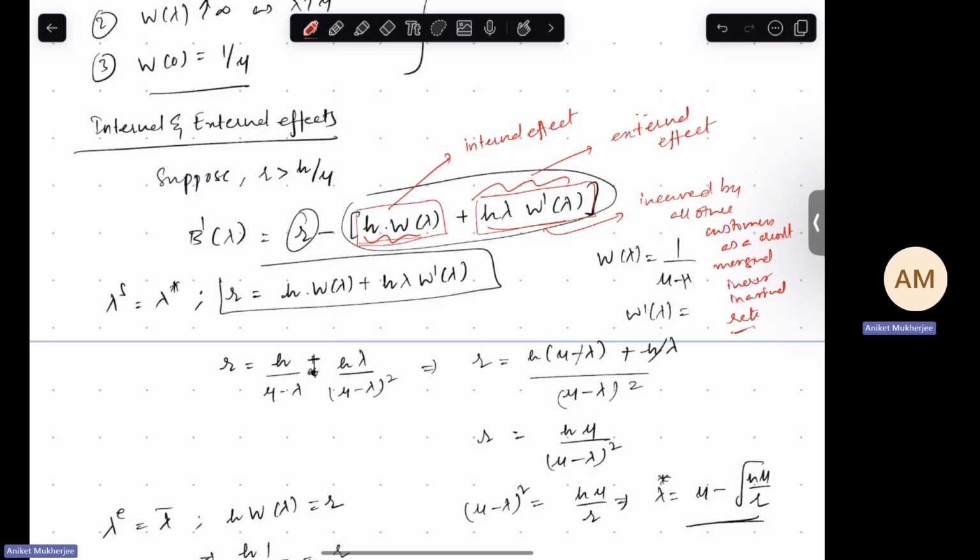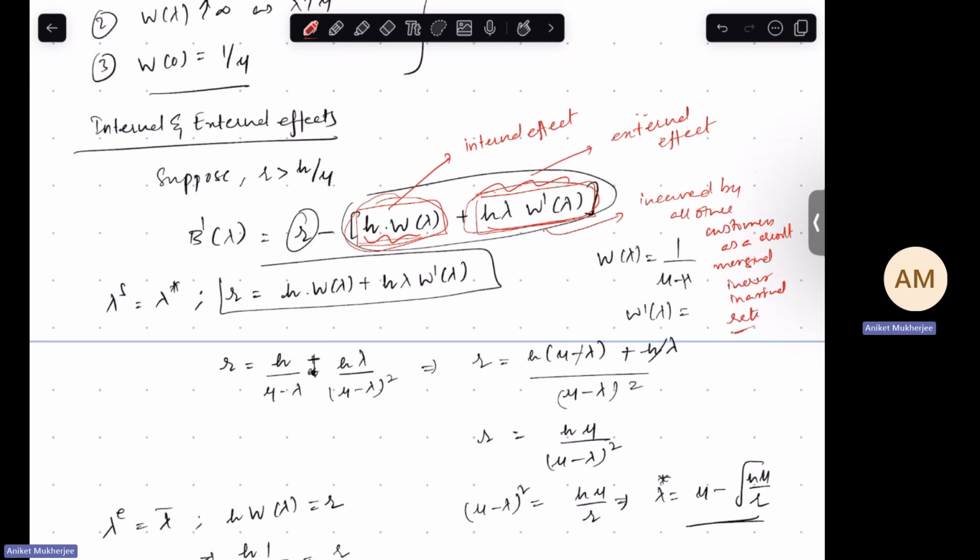So when a socially optimal decision maker takes the decision, he takes into account the internal effect, that is just the pure customer, and also the effect of other customers joining the queue, and then he calculates the optimal.